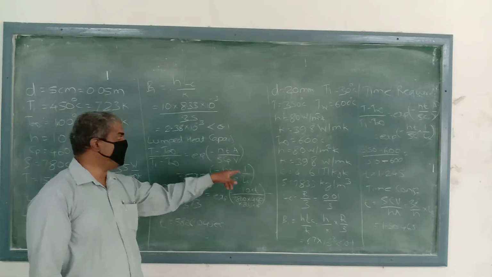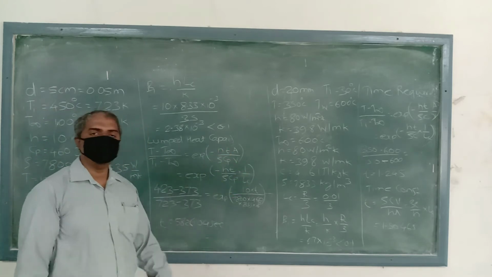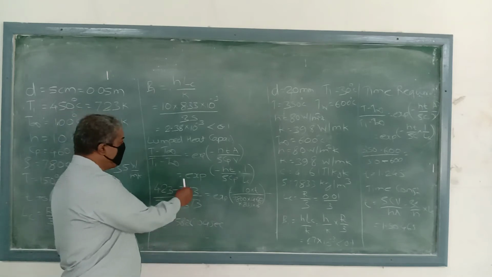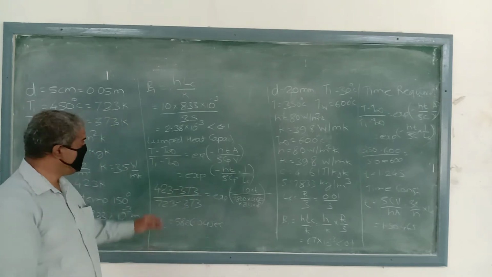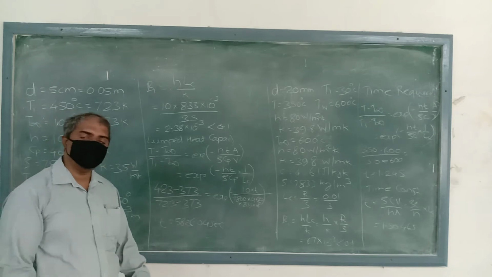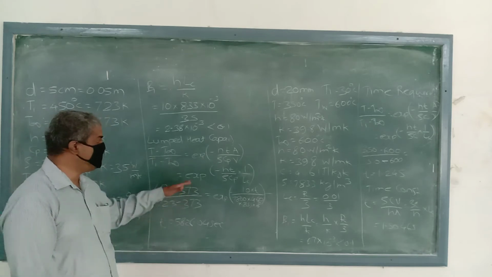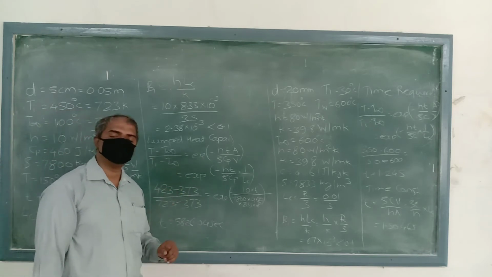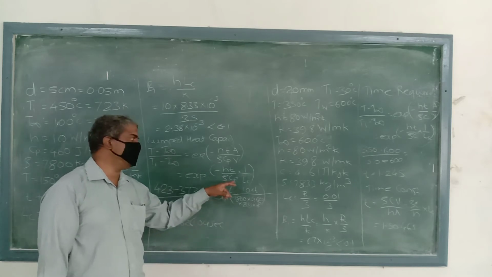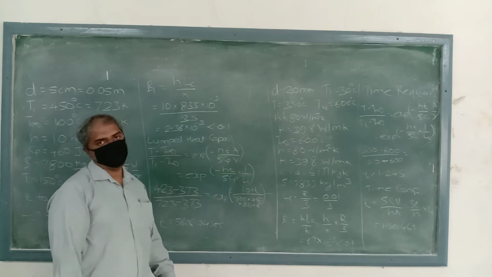So A gets cancelled and only 1 upon Lc remains. So the formula is modified as (T minus T infinity) upon (Ti minus T infinity) is equal to exponential raised to minus ht upon rho Cp into 1 upon Lc.